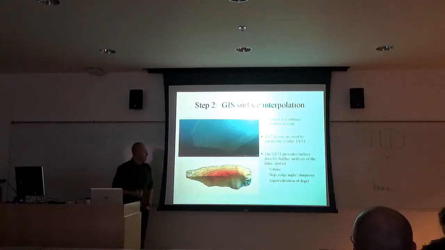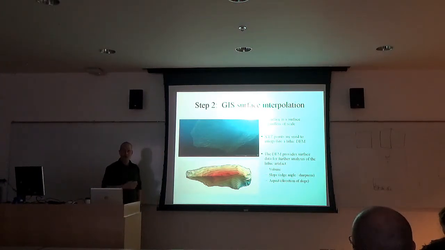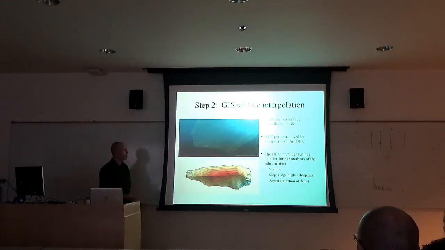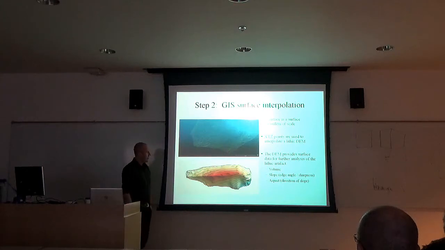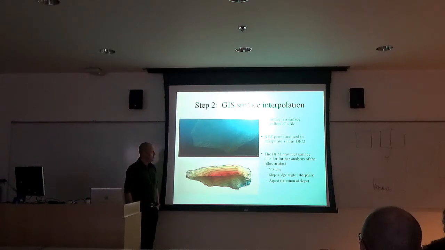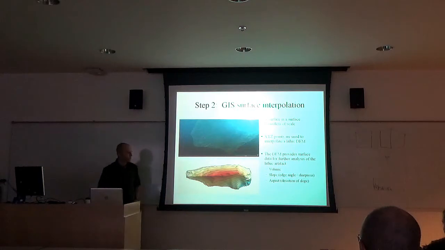So the next step, since it produces those lovely points, each with an X, Y, Z coordinate, is to just slap it into a GIS and create a surface. You can use kriging or inverse distance weighting or triangulation or whatever you like. I find inverse distance weighting provides the best surfaces with the least noise, and it creates this. It effectively creates a landscape.